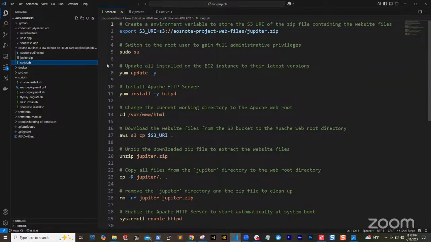Let me see if this would do something. Okay, it would do that. So let me just tab this. I'll tab all this, and I'll see if it makes sense to you.